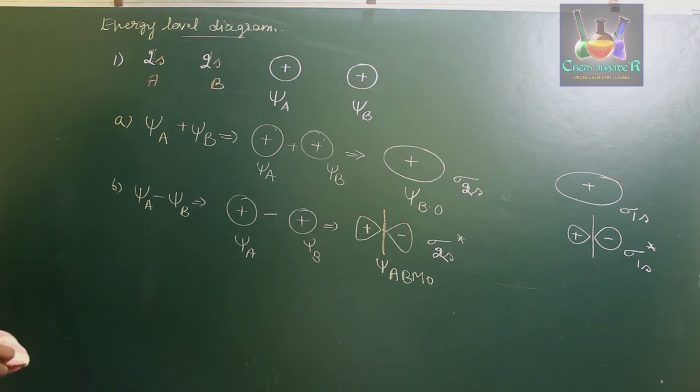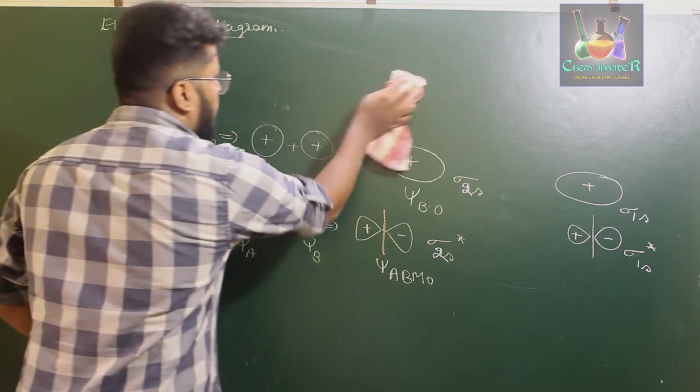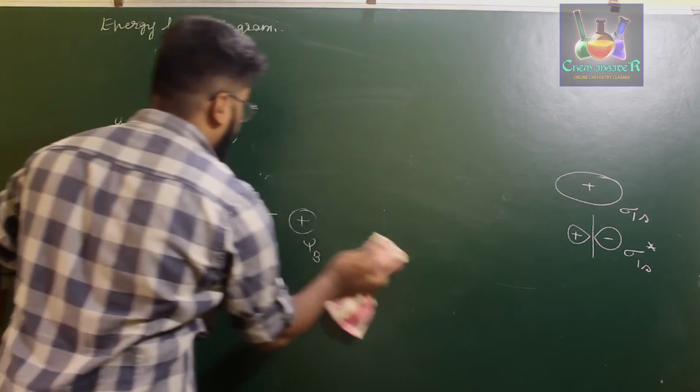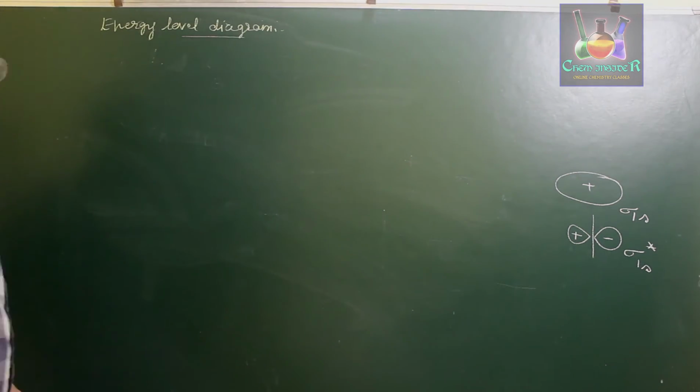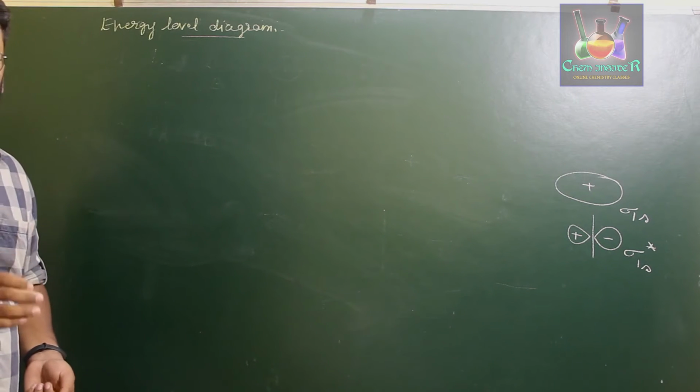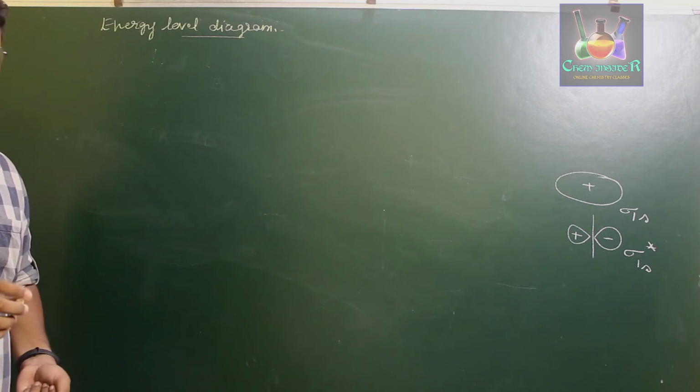if you consider the atomic orbitals formed by 2p, 2p sigma, so if you consider z-axis as the molecular axis, remember, whenever you explain the sigma combination of p orbital, we need to write down which axis we are considering for the molecular axis.